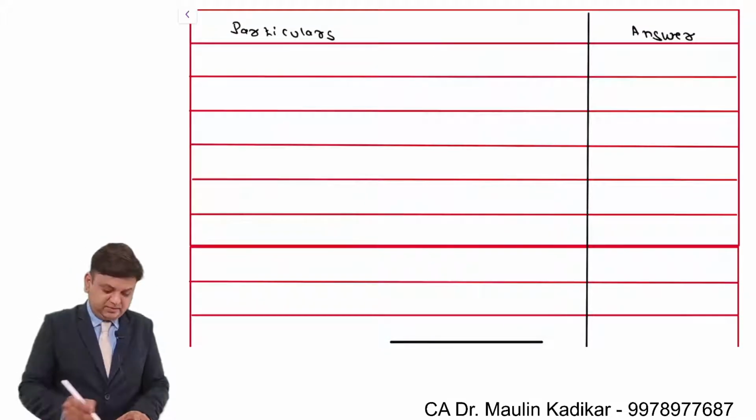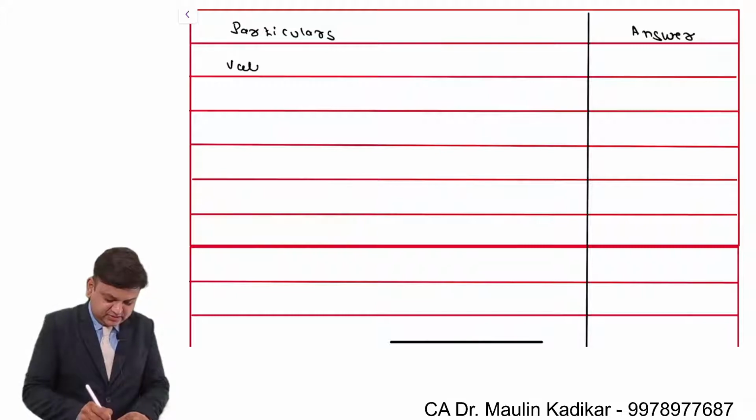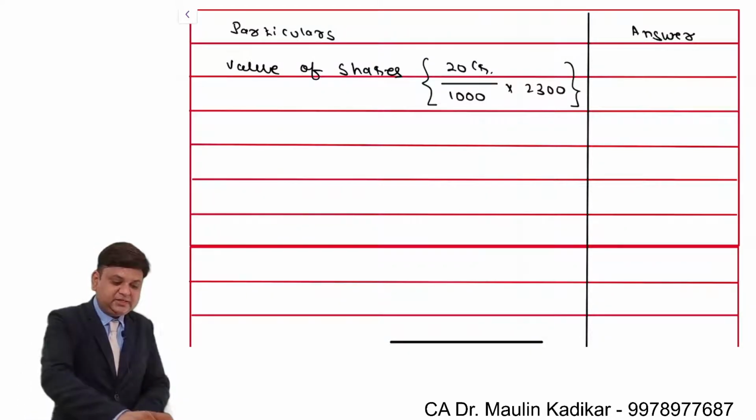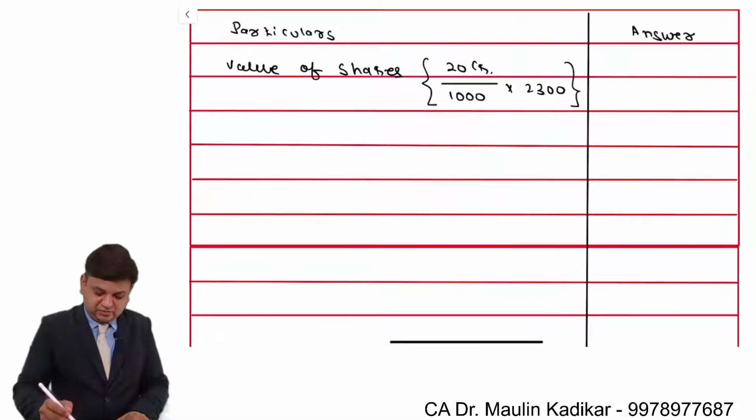So I'm starting with the value of shares. It is 20 crore divided by 1000 into 2300. That is the way we will have that 2300 divided by 1000, 2.3 into 20, that comes to 46 crore.